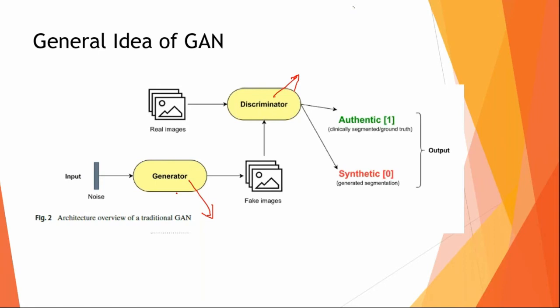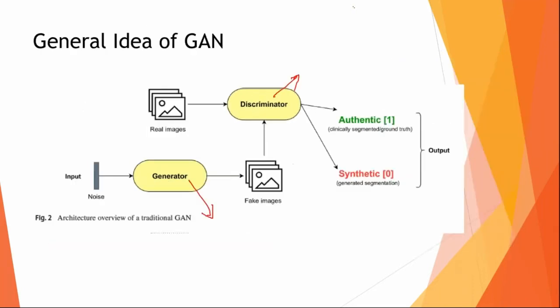Normally the input is noise, and the generator tries to give you some fake images, whereas the discriminator is trained with real images. The discriminator's job is to find out whether an image is fake or not. When the discriminator finds the fake images, the generator is updated. The generator that is able to fool the discriminator is updated. That's how it works.